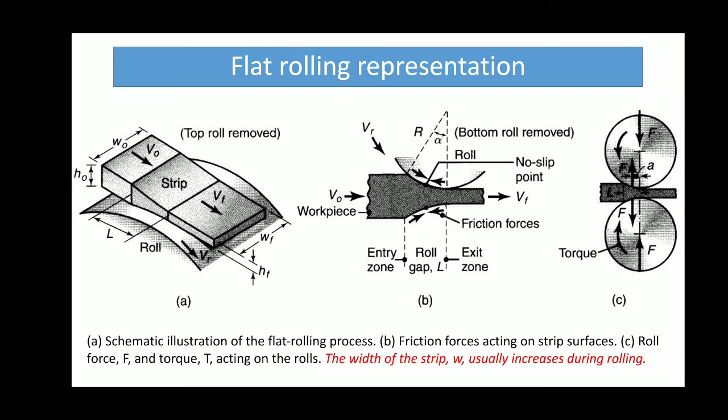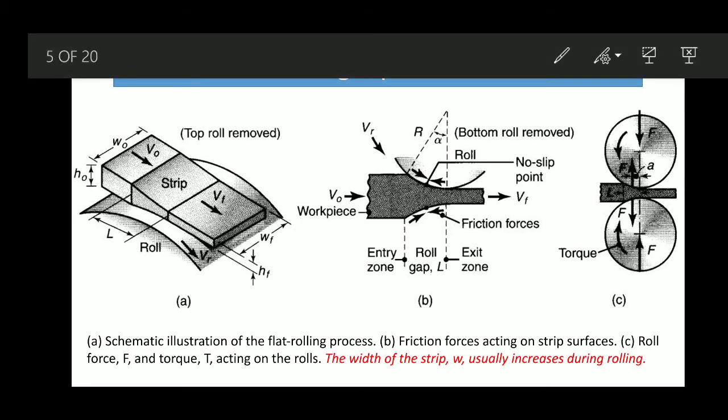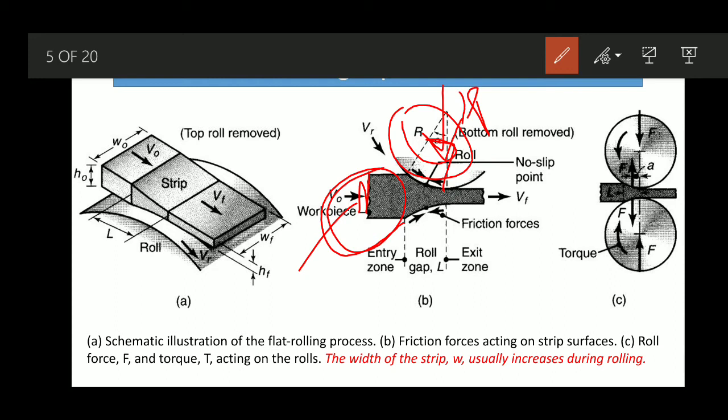If initially your dough is of this particular thickness, then once you roll it with some pressure, as your mother is rolling it, it gets flattened and the thickness is reduced.